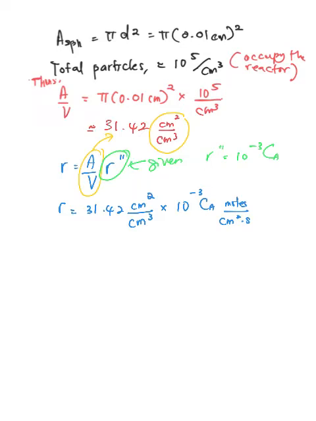Where this value, 31.42 multiplied by 10 to the negative 3, is actually equal to the rate constant of the pseudo homogeneous reaction. So R actually equals K CA, and CA here is similar to this one.